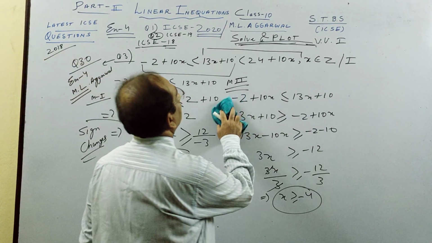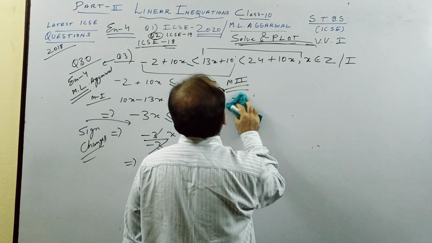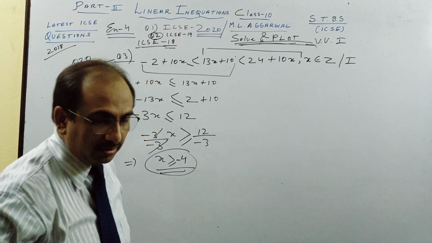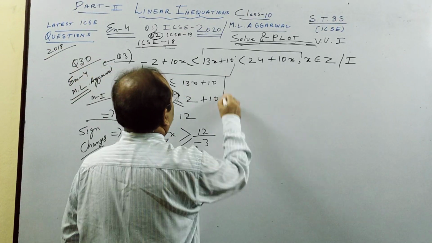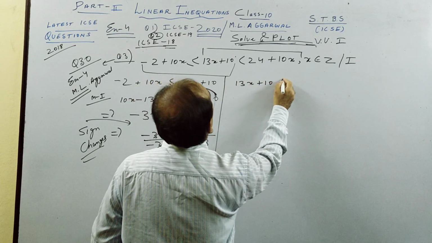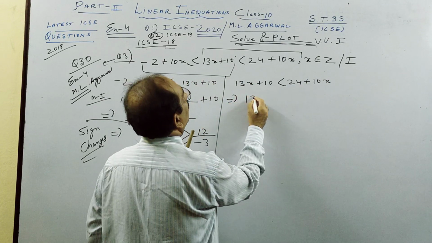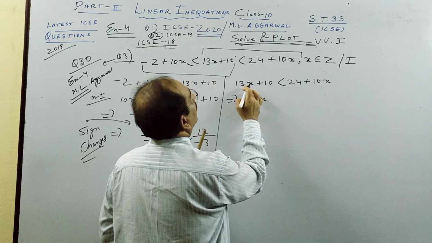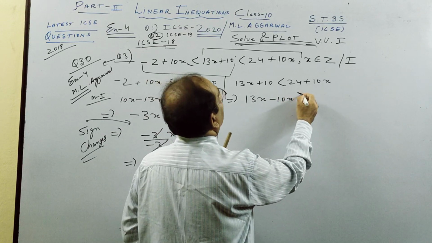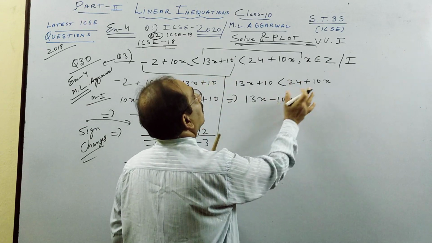So I am going to rub this, my second method, and I will solve. I hope if you practice the second method, you will like it better than the first method. So this is the second part. 13x plus 10 is less than 24 plus 10x. So children, here no problem. Smaller comes towards the bigger, so the sign will remain the same. I am not changing the sign because this is coming here.